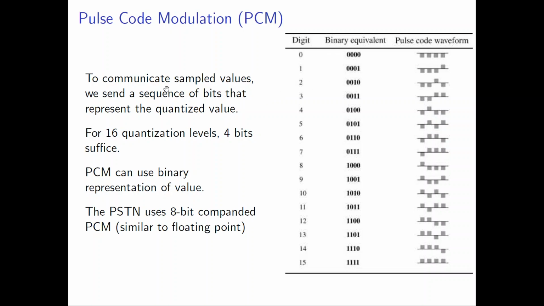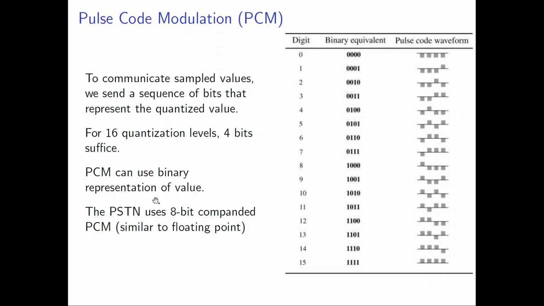To communicate a sampled value, we send a sequence of bits that represent the quantized value, as I just mentioned. For 16 quantization levels, when we have 16 levels on the y-axis, how many bits per level do I need? 2 to the power how much gives 16? 4. I need 4 bits, that's why I use here 4 bits to represent the 16 levels.